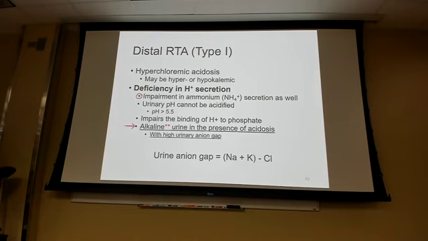Because how should the urinary pH look if the patient's acidotic and the kidneys are working? It should be really low. We should be pissing out a ton of protons, right? But we're not, so we have a relative alkaline urine in the given clinical circumstance. Does that make sense? Okay, that's why I put that little asterisk next to alkaline, okay?